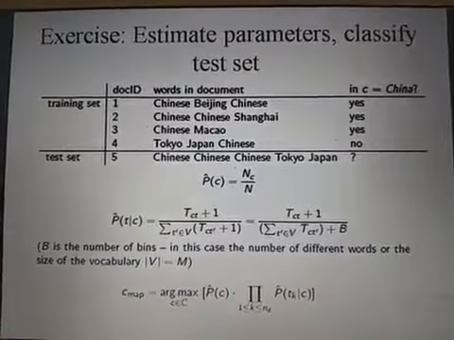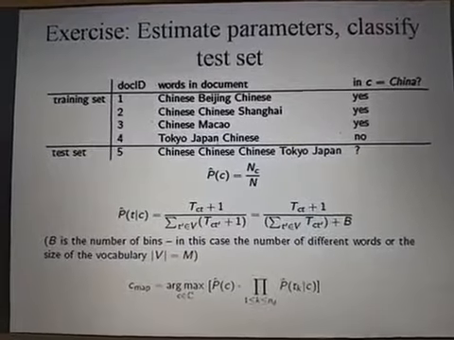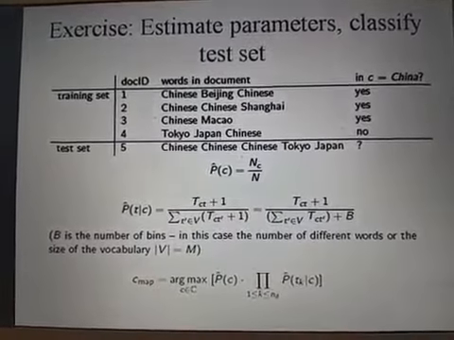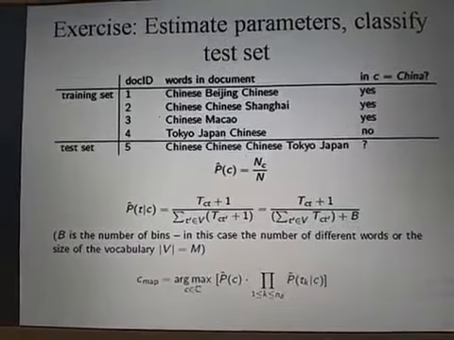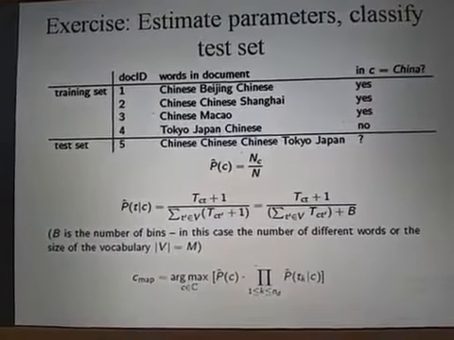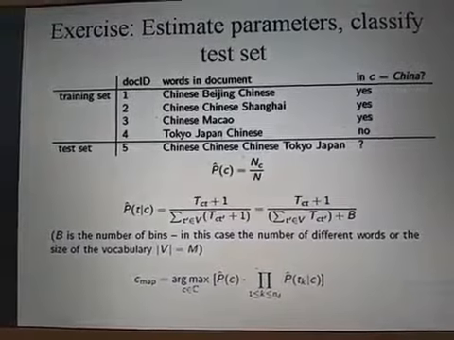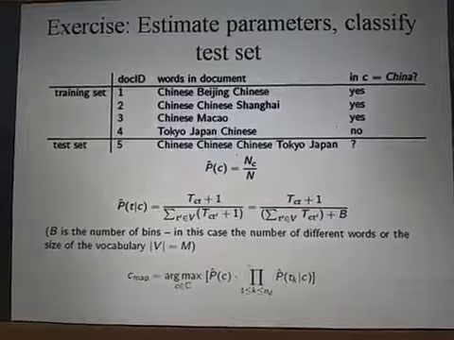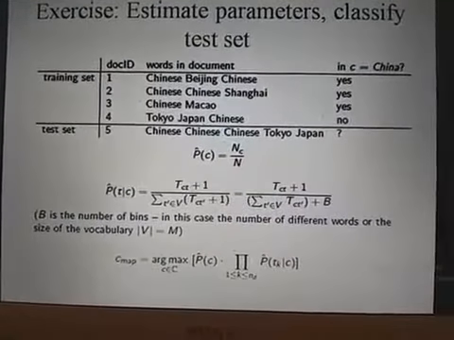But for Tokyo, Japan, Chinese, out of 3 terms one matches this class, but the rest 2 do not come under the class China. So this is the training set data for which we have the class labels, and now our job is to find the class label for the new document, document 5.